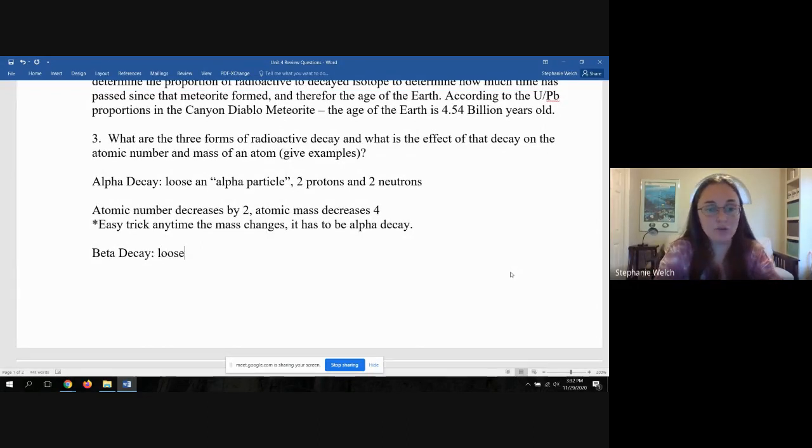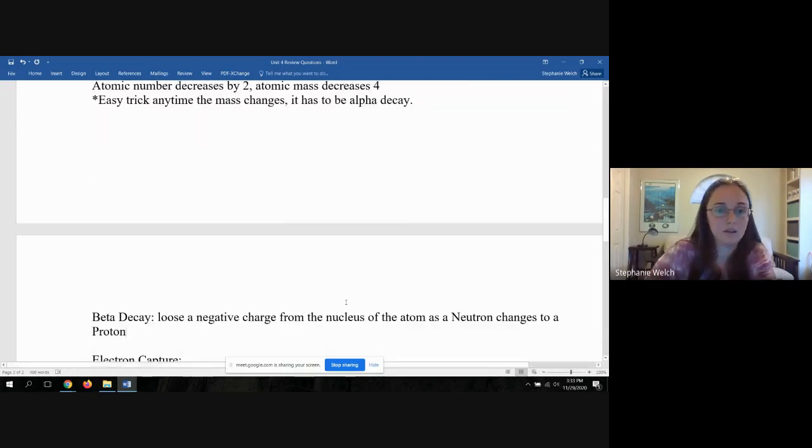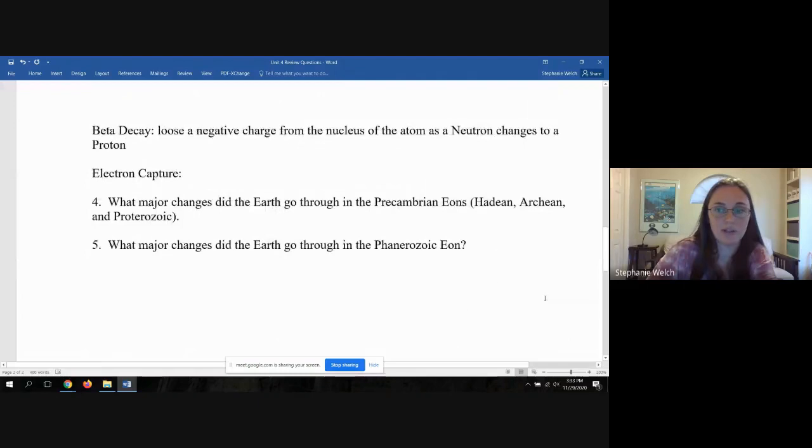So what's happening here is you lose a negative charge from the nucleus of the atom as a neutron changes to a proton. Let me scroll down here so everybody can see the entire thing.